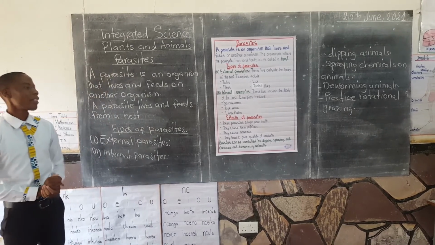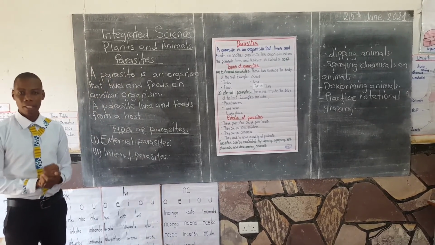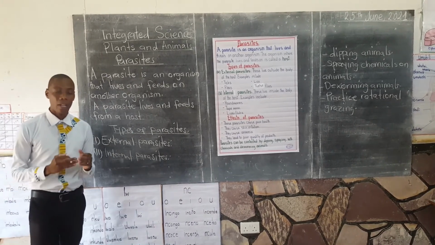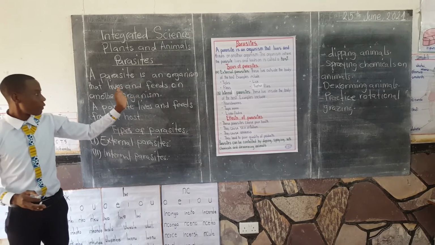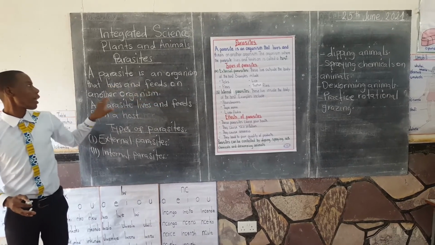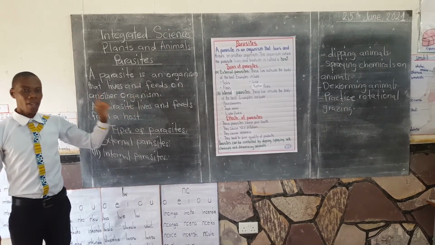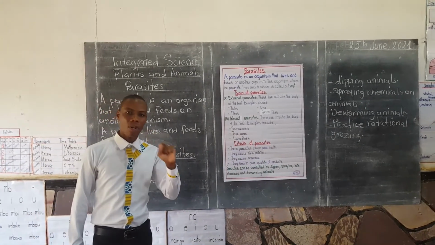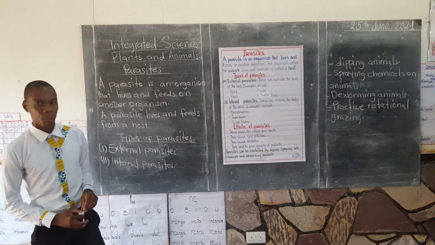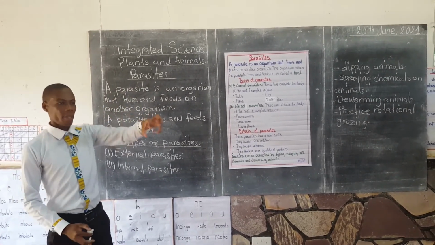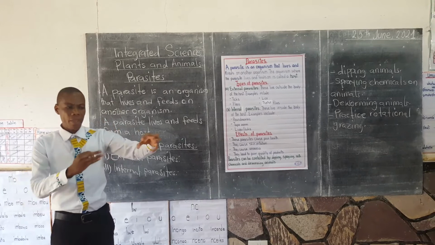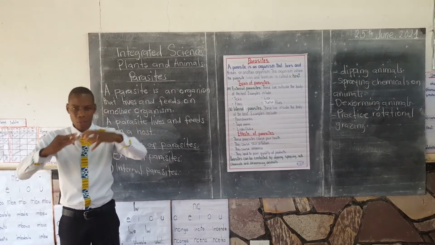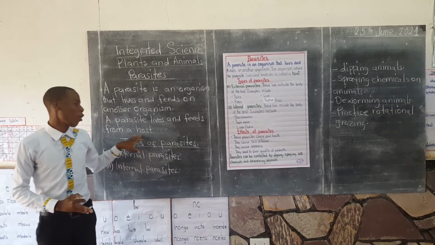We have been looking at parasites. We have said a parasite is an organism that lives and feeds on another organism. That organism where the parasite gets its food from, where the parasite lives on, is known as a host.